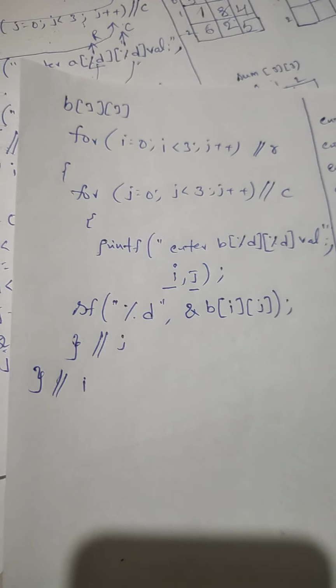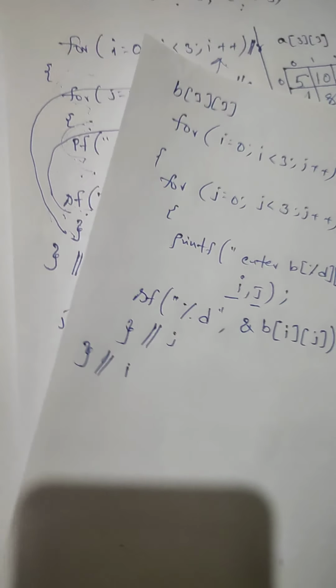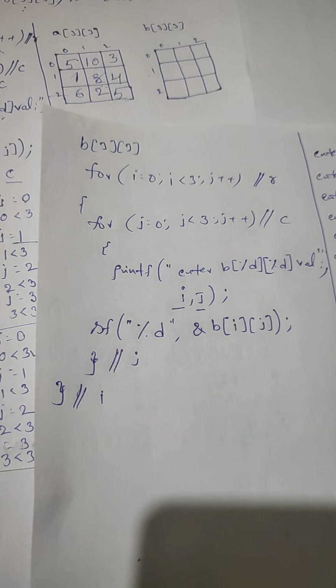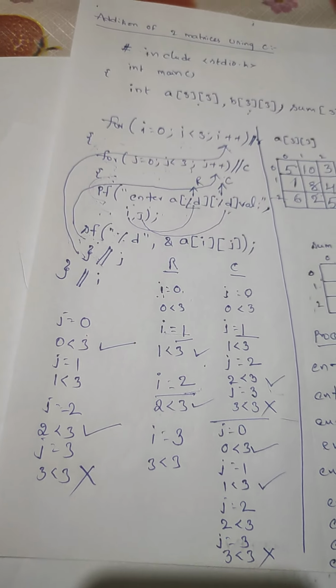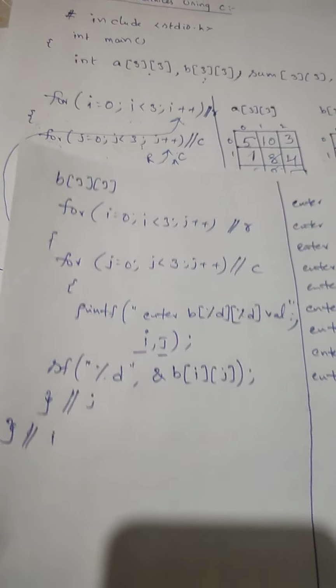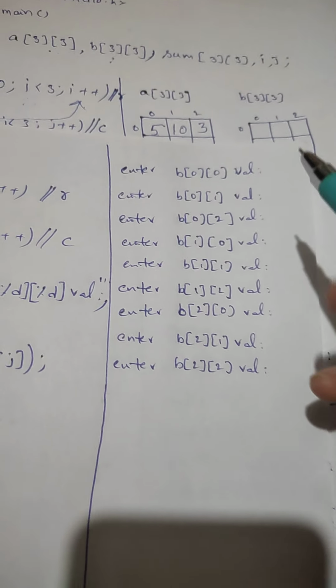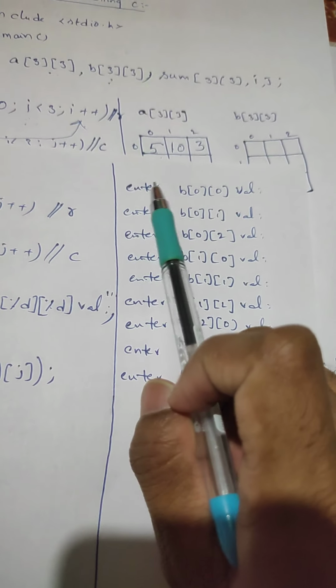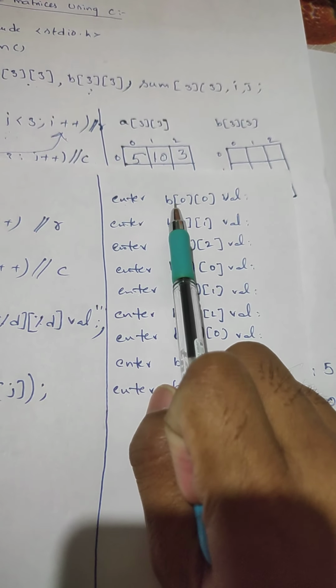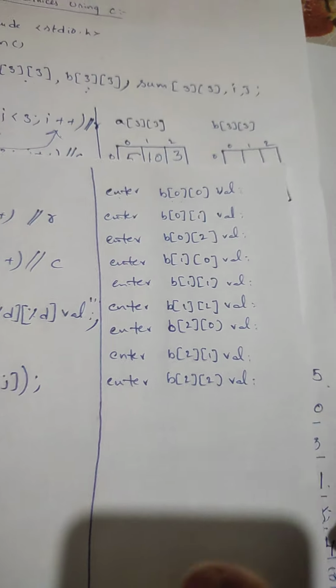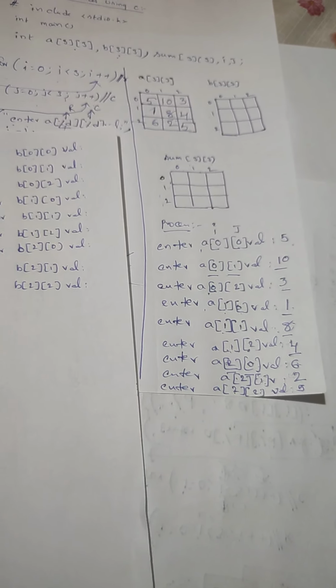Okay, so this is also the same process, followed the same way as the A 3 by 3 matrix. At that time, how are the memory locations created, how does the printf statement print the values? It prints the statement enter B of 0 0 value, same as the A matrix.